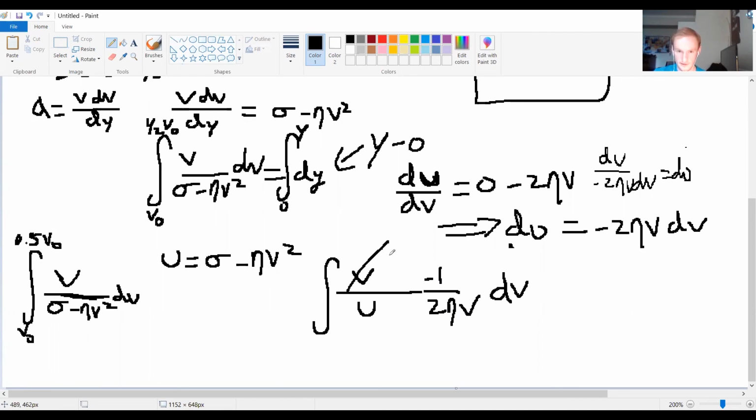Okay, and then these v's are going to cancel, and you'll notice that now we just have this negative 1 over 2n all multiplied by this u and dv.